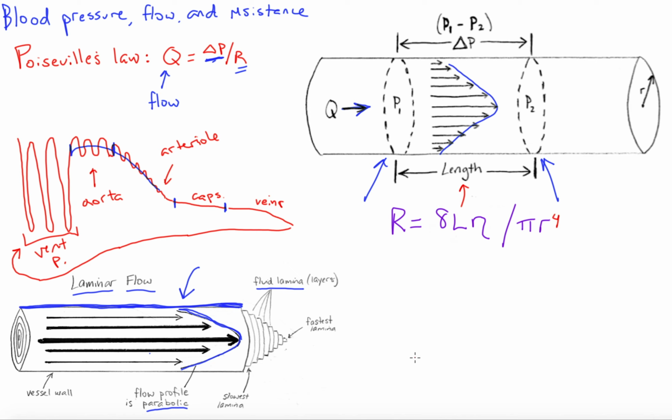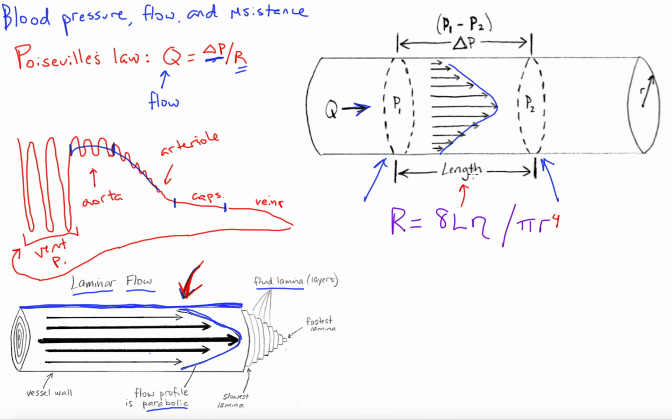And remember what I said over here in the bottom left about the resistance to flow being largely due to friction. Well, the longer the blood vessel segment that we want to talk about, the more vessel wall that we're rubbing up against, and so therefore, the greater the length, the greater the friction, and the greater the resistance.